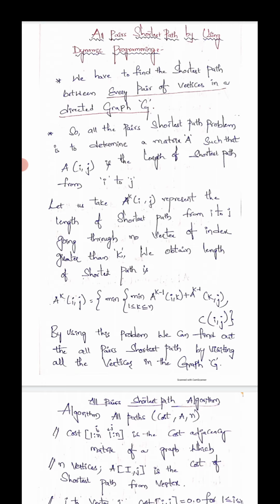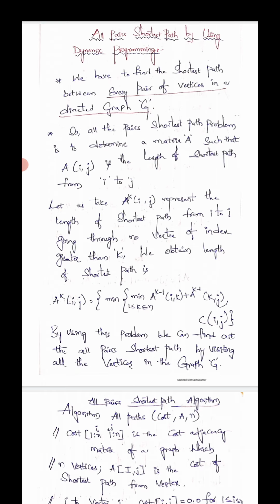Listen carefully here: A power K of I comma J will be assigned the minimum over 1 less than or equal to K less than or equal to N, where K varies from 1 to N, of A power K minus 1 of I comma K plus A power K minus 1 of K comma J, and C of I comma J.